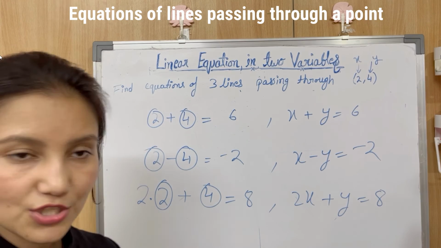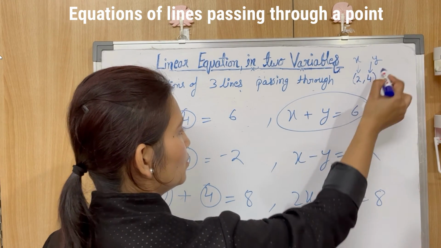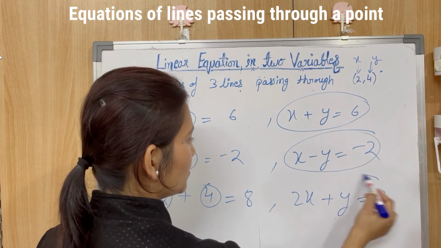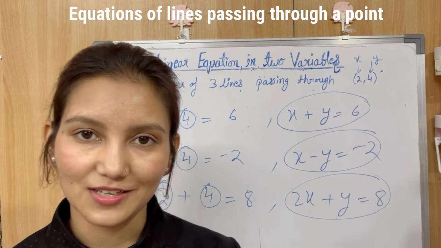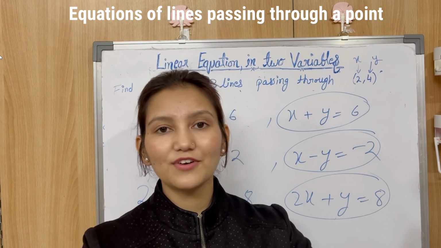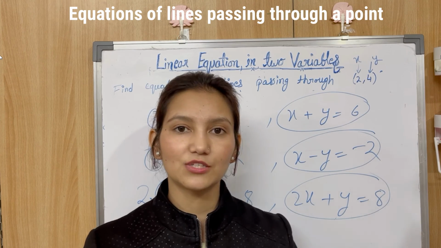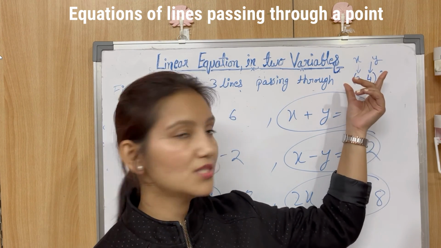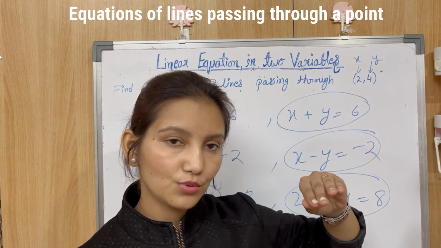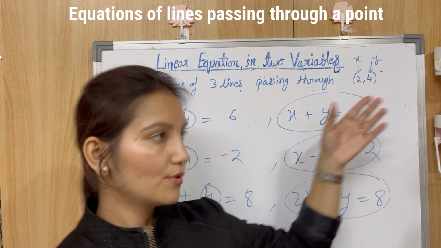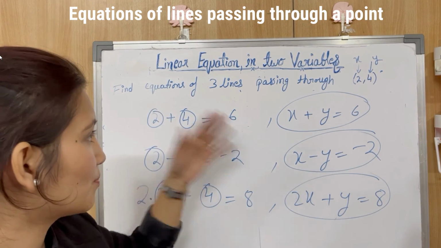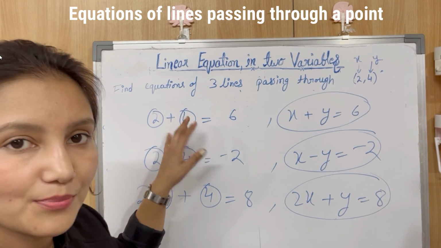So I've got my 3 equations that will pass through this point. So this is equation number 1, equation number 2 and equation number 3, right? So you can find out many lines that will pass through a given point. You just need to use these values, make an equation, and in that equation you replace x and y accordingly.